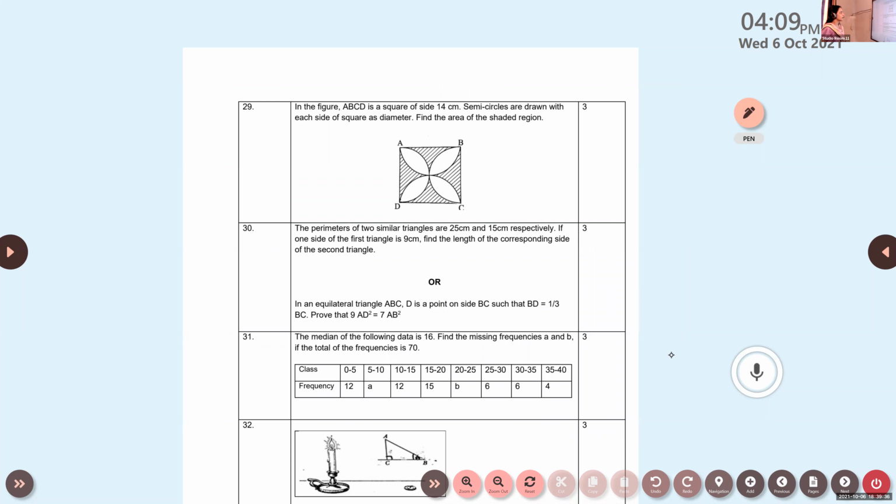If one side of the first triangle is 9 centimeter, then find the length of the corresponding side of the second triangle.